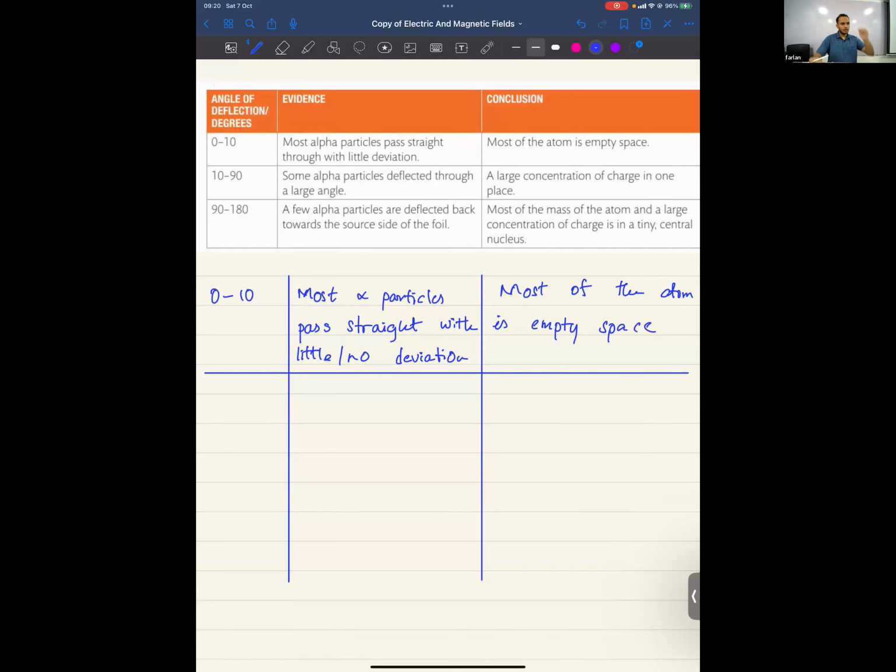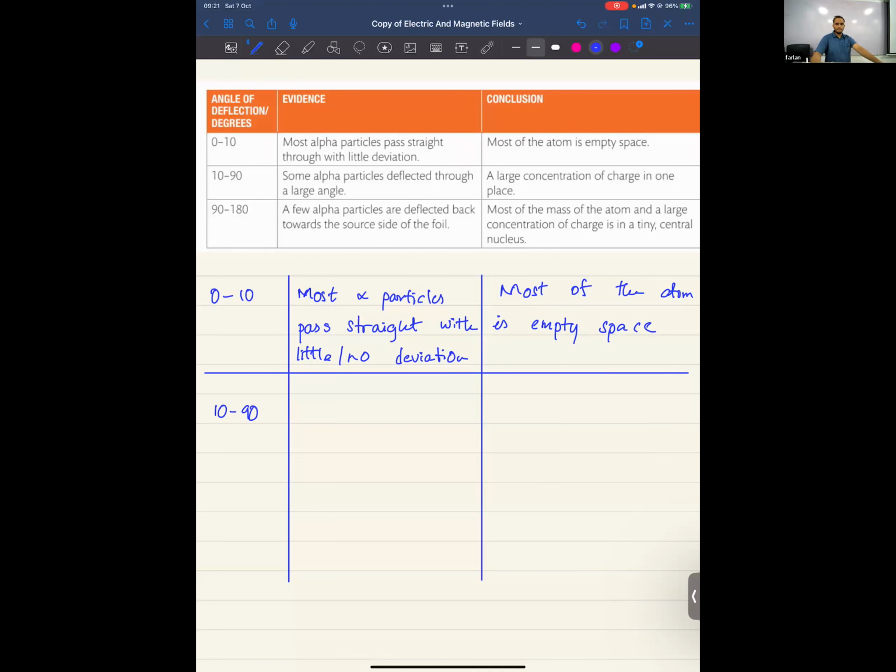There is a conclusion based on that. And the next observation is that the angle of deflection is up to 90 degrees.